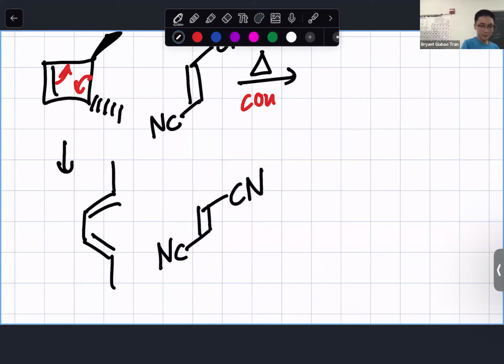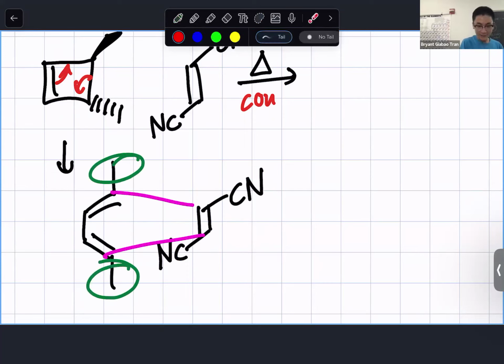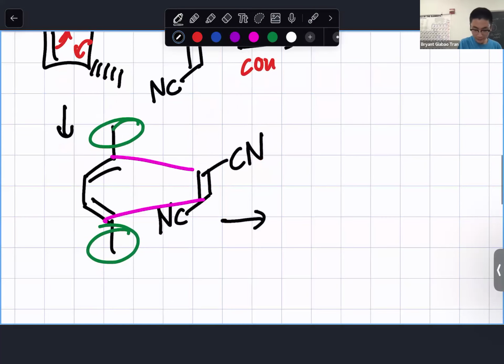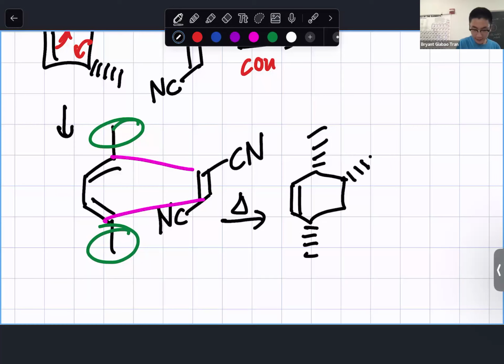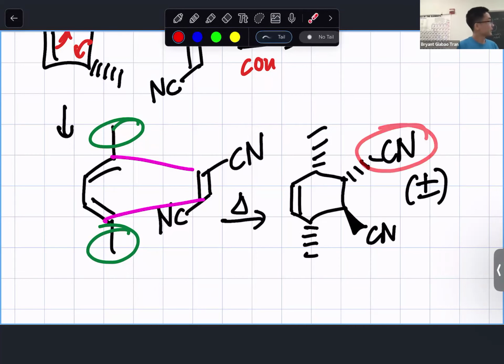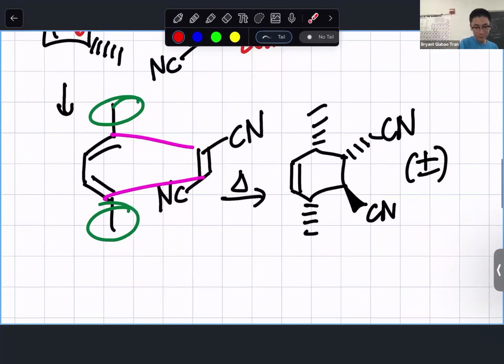Now we can do the regular Diels-Alder reaction where we see that these methyl groups here are out groups, right? And we have nitriles here, which are the EWGs. So when we do the Diels-Alder reaction, we could get this product here where the out groups are cis to, let's say, this top nitrile is an EWG. It has to be dash like that, right? And this bottom nitrile has to be trans to that nitrile right there. So this is the first set of possible molecules.